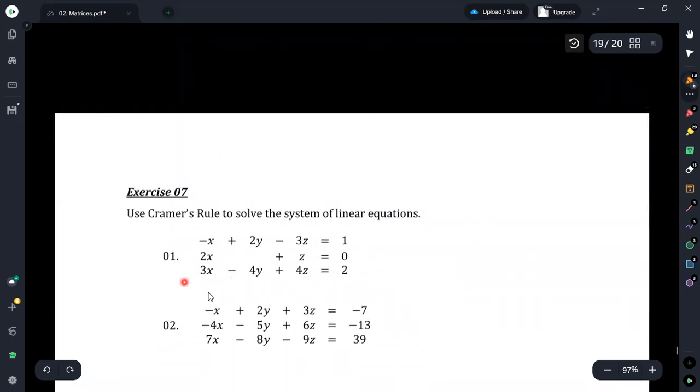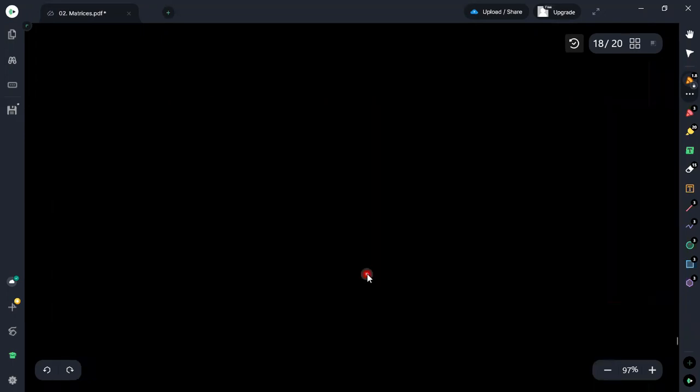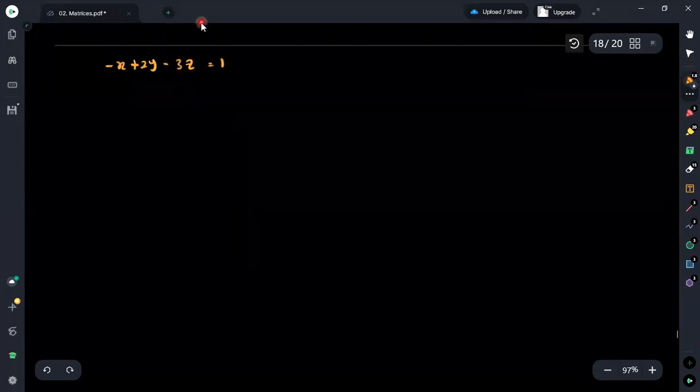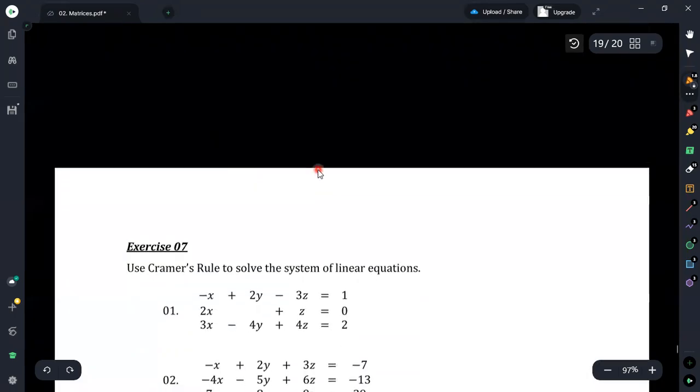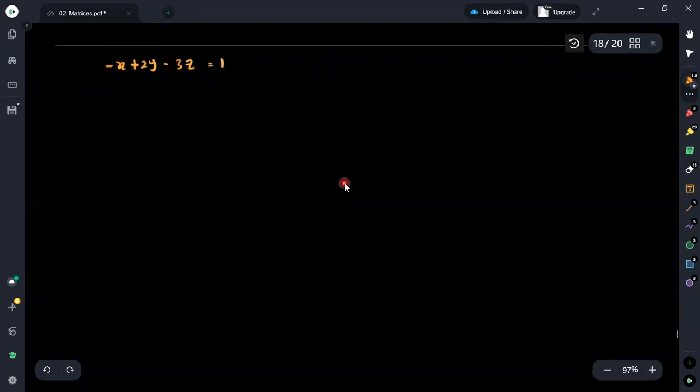I will take the first exercise. Therefore, if I take the first exercise, the equations are given as -x plus 2y minus 3z equals 1. Then the next equation is given as 2x plus z equals 0.